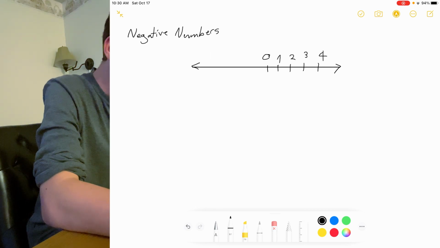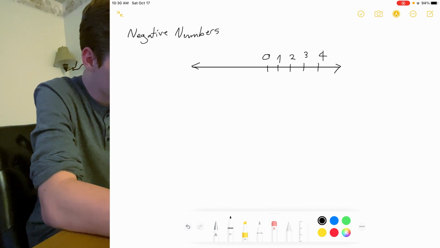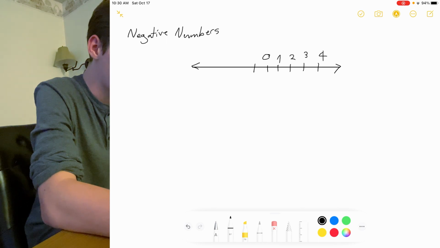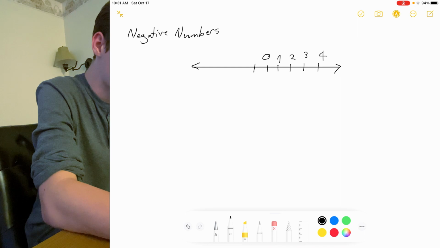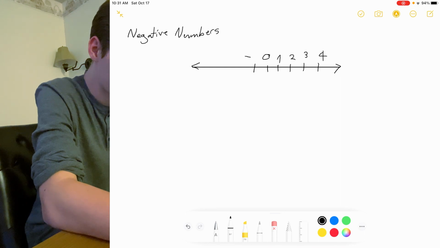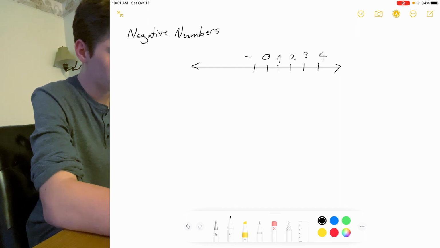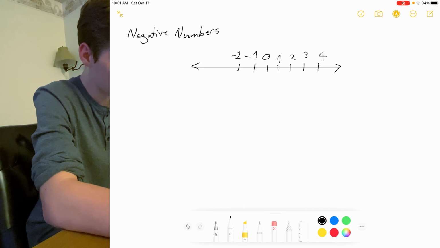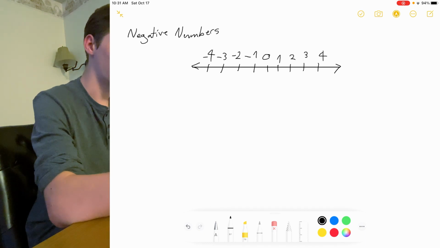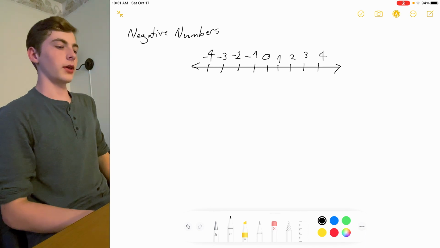And then negative numbers are what we're going to put on this left side. We signify a negative number by placing a minus sign right in front of it. So minus 1, minus 2, minus 3, and minus 4.